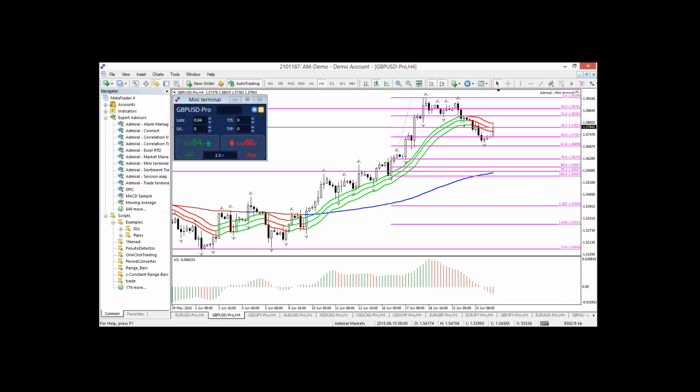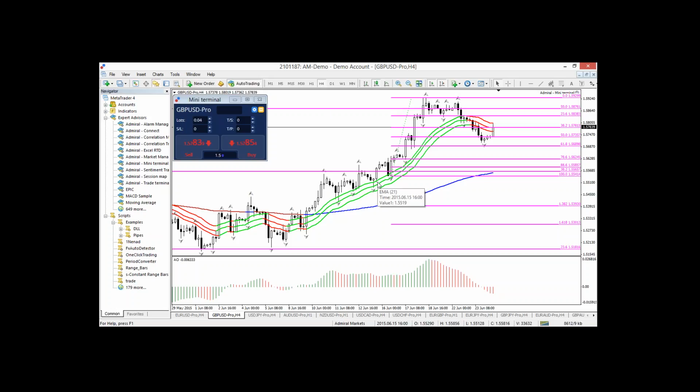Now, that being said, a top or bottom is really broken officially when price moved more than 15 pips through it. So technically, if it breaks more than 15 pips, it's actually broken when looking at tops and bottoms. So this actually was definitely broken.